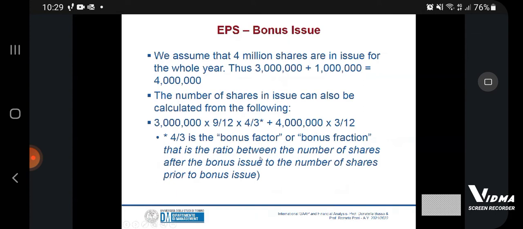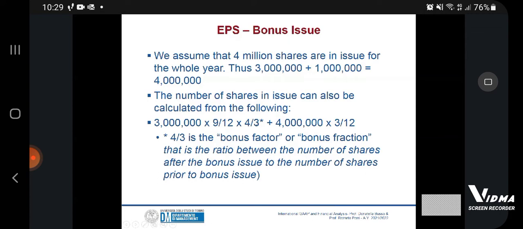What changes compared to the previous calculation is that we apply what is important to learn as a new concept, a bonus factor or a bonus fraction. Now you see that the bonus factor over here is 4 to 3.